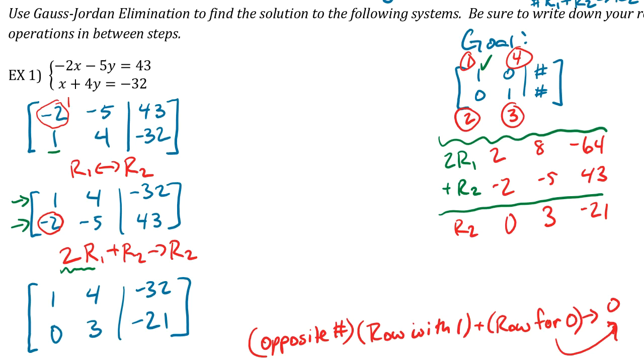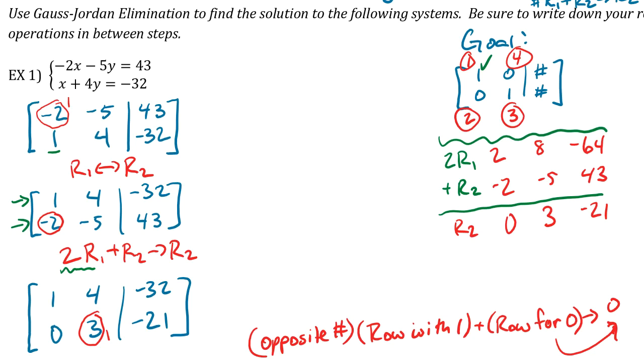Alright, next thing, if we look at this over here, we see that the third step is going to be to get a 1 in that second column. So we want to turn this 3 into a 1. Well, how can we do that? Well, remember, we have to multiply by something.